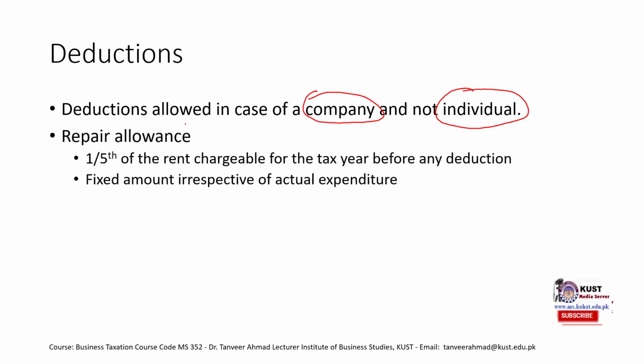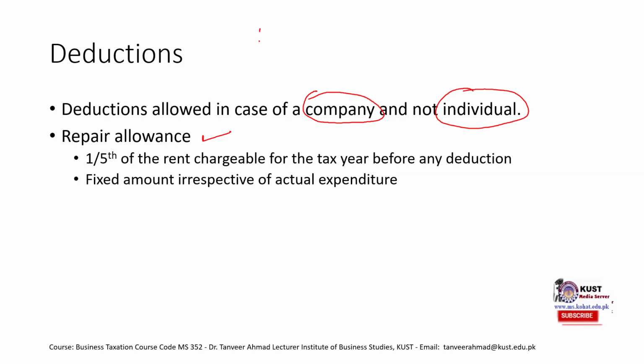So first, let's start with a repair allowance. Obviously, if we have rented out the property, then it's the obligation of the owner to incur some repair expenses, and those repair expenses are allowed as deductions.